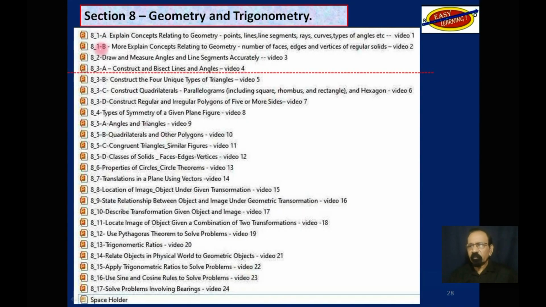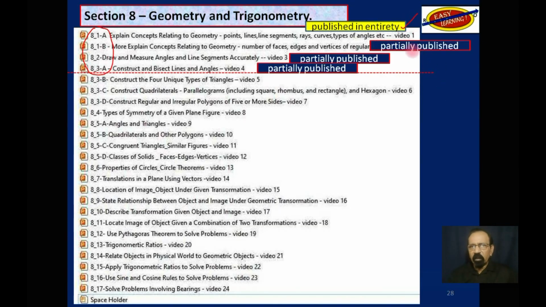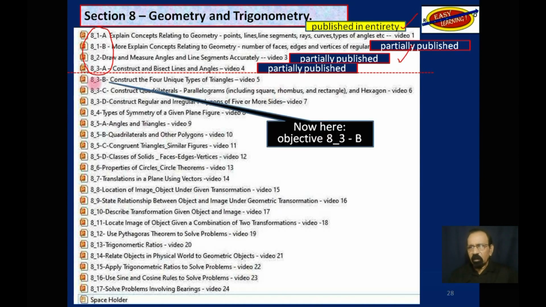So as I said, we have finished these 3 up here. The first one is published in its entirety. The other 3 are only partially published. We are now here, 3B. When this is finished, it will be published in its entirety.